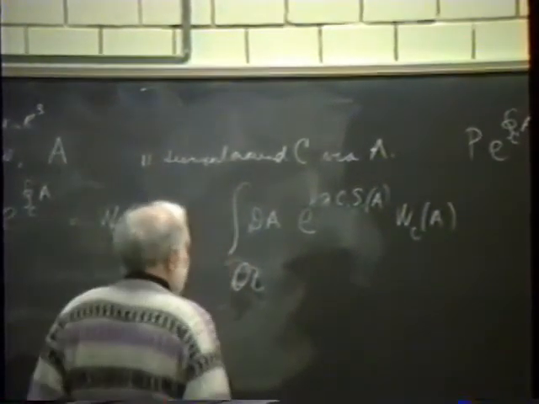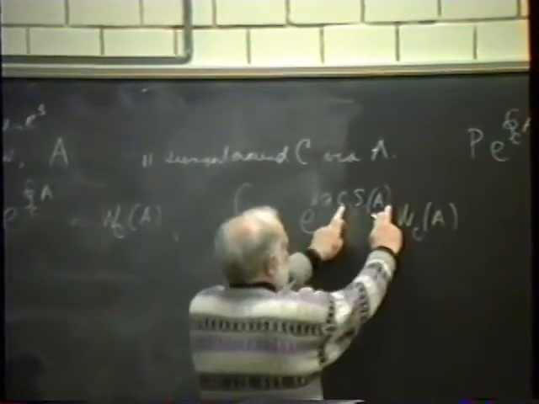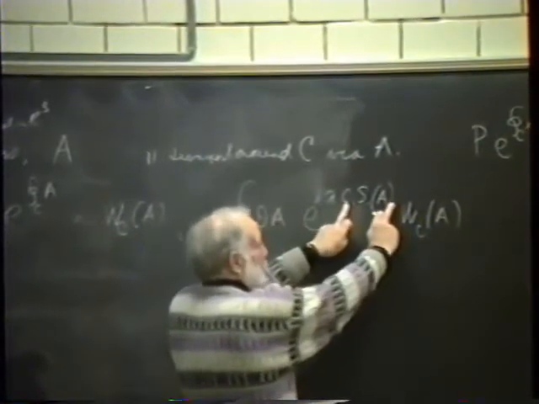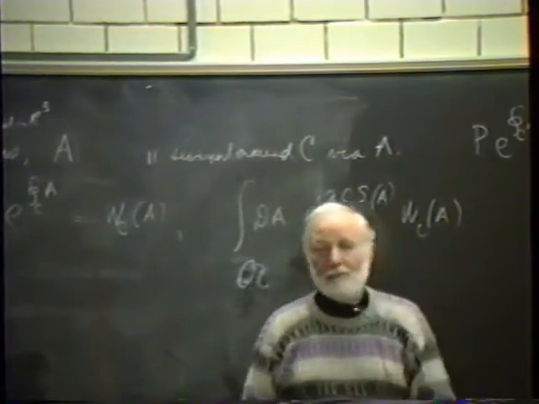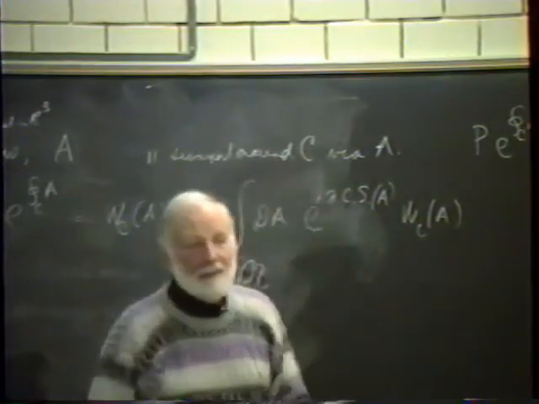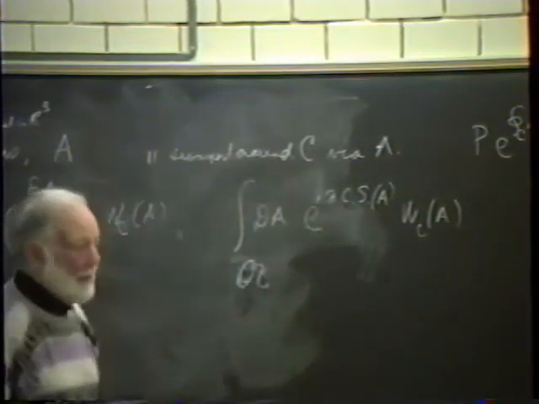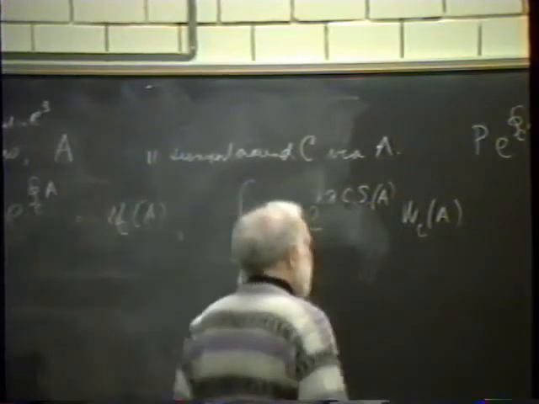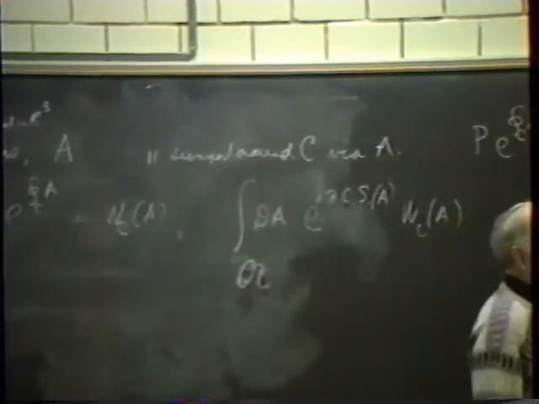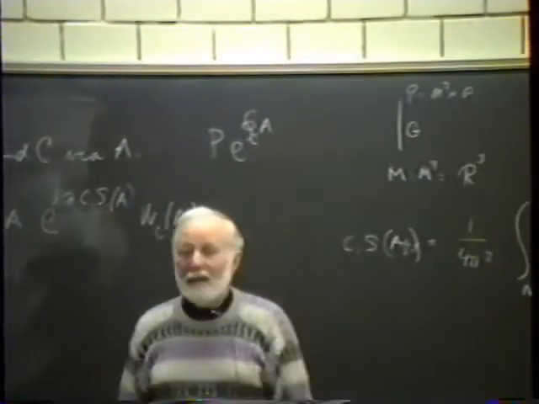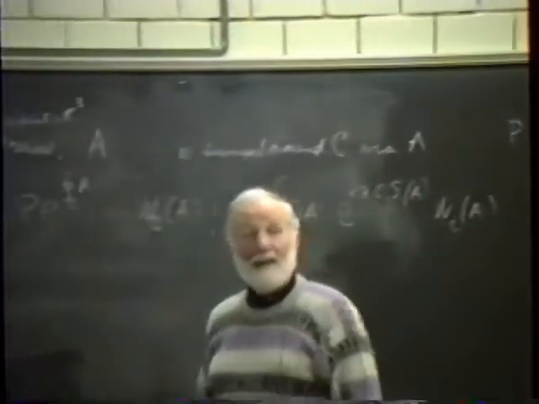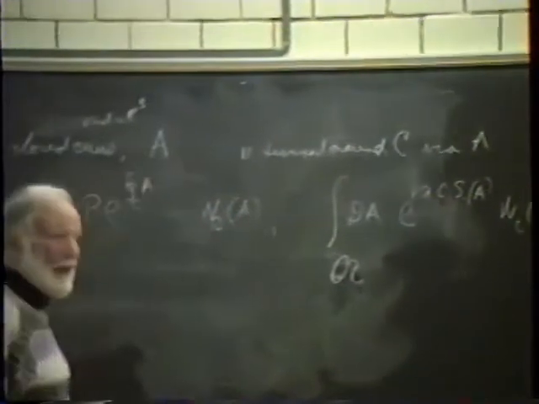Now, we have something here which is independent of the metric. On the other hand, it should be invariant under automorphisms of the principal bundle, gauge transformations. We know that if you perform an automorphism of this bundle, this Chern-Simons term will change by an integer multiple of 2 pi, I should say.